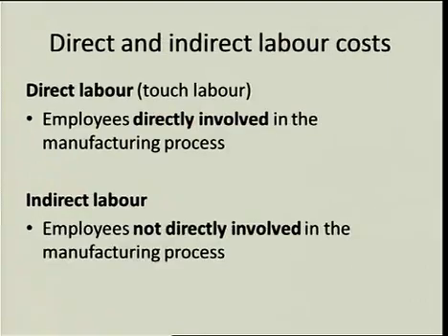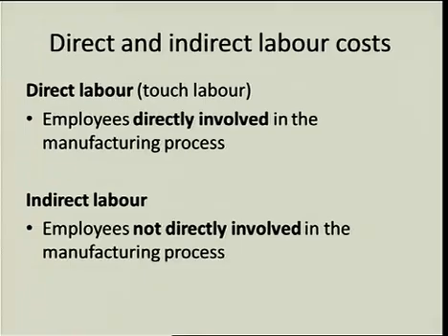Okay. Then labor costs. Again, there's direct labor and there's indirect labor. The direct labor is what I call your touch labor. These are the people who make the product. They are directly involved in making the product, and I like to call that the touch labor, because they are directly involved in touching the product.